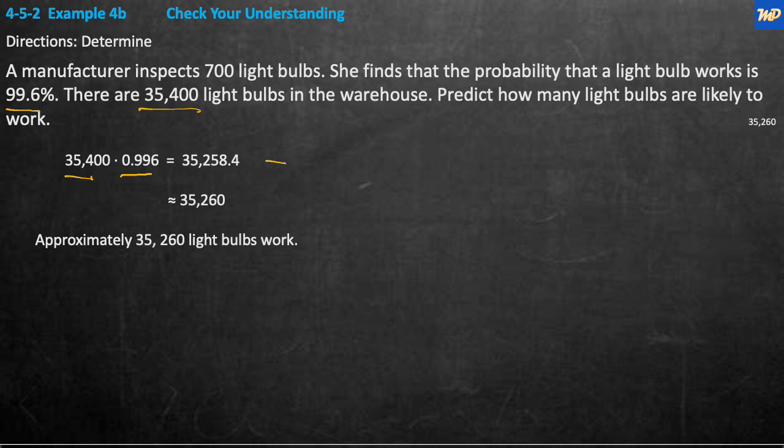That's what statistically, or mathematically, in our probability, is how many light bulbs should work. But you're going to round it to something that makes more sense. We can round to hundreds, or whatever you want.